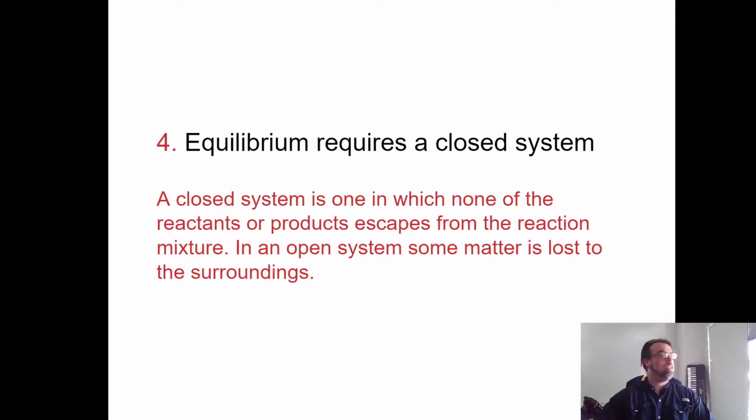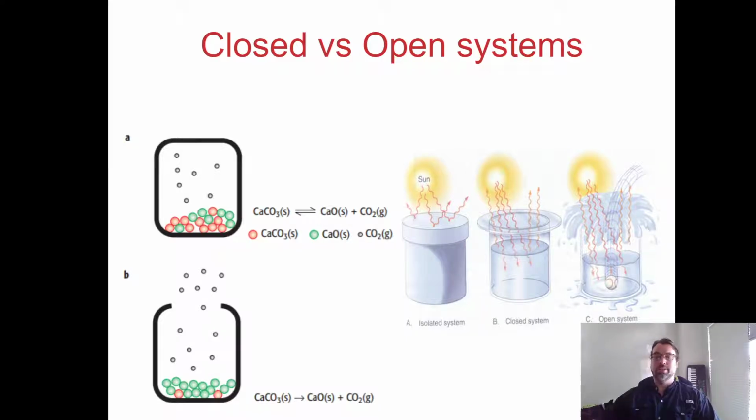And the fourth thing is that it requires a closed system. This is really important for equilibrium because a closed system is one where we're not allowing any of the reactants or products to escape from the reaction. In an open system, matter can be lost to the surroundings, and that'll cause us a whole bunch of different issues, okay?